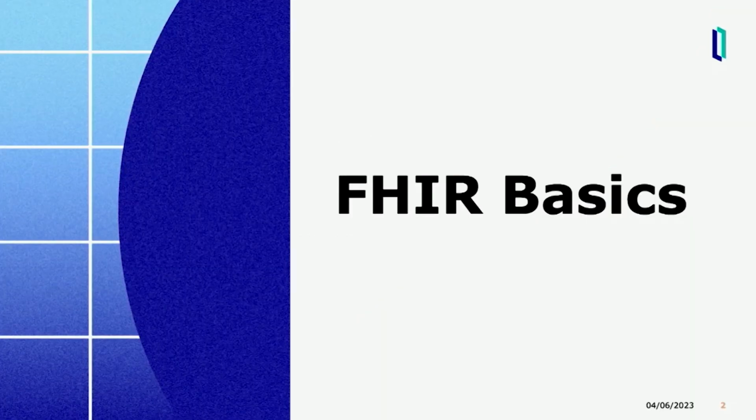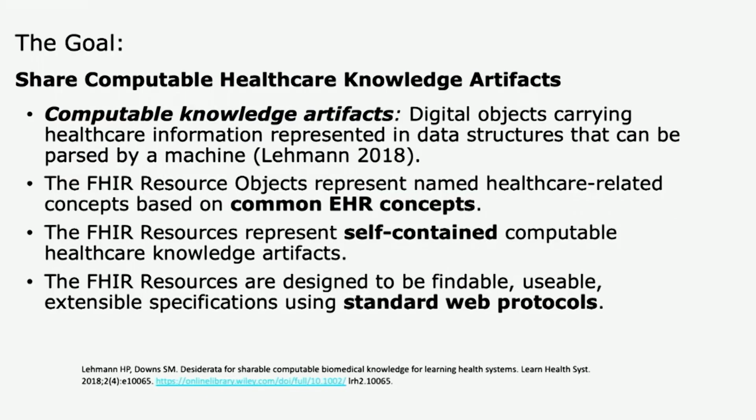Let me start out with reviewing what we've just talked about, the basic concept of FHIR. So FHIR is meant to be computable, shareable healthcare data objects. That's what the resources are. They are self-contained. A resource is the smallest thing you can exchange in a FHIR exchange.